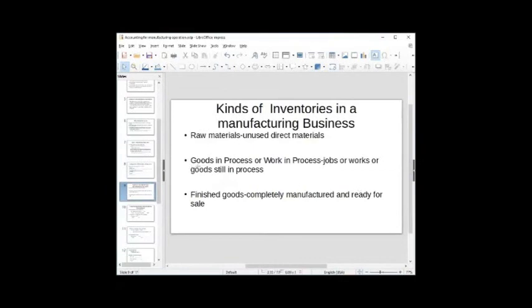and the goods in process or work in process, WIP. These are the jobs or works or goods still in process. For example, class, you are engaged in the manufacturing of leather bags.